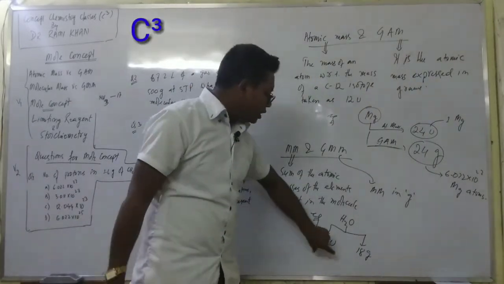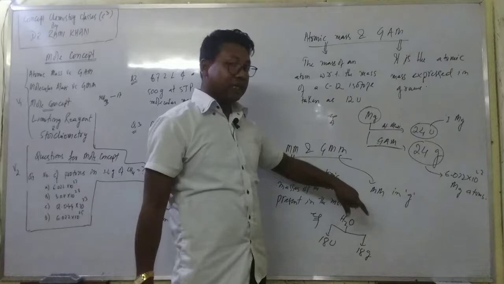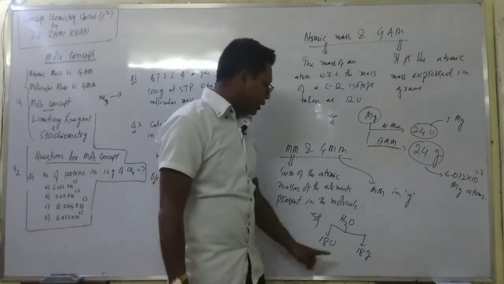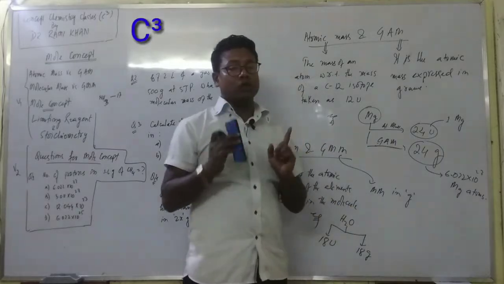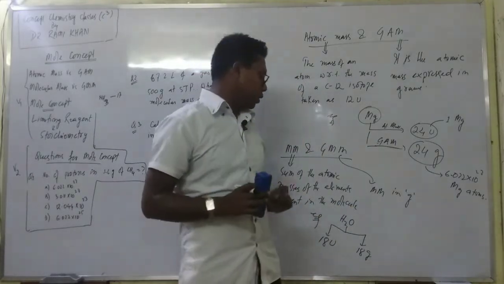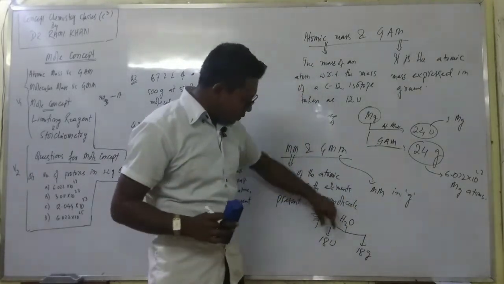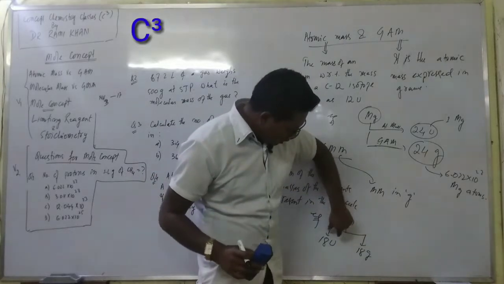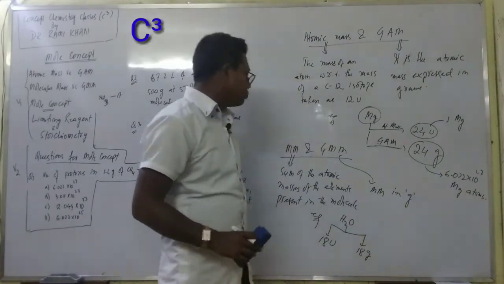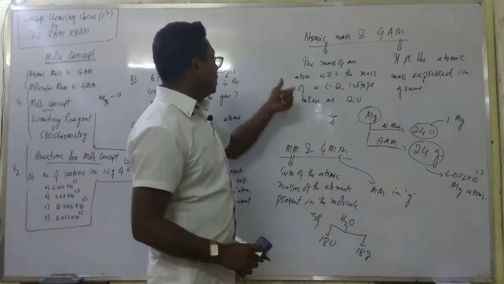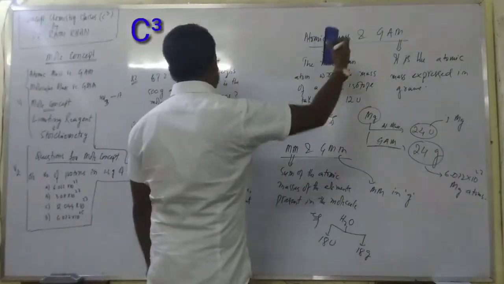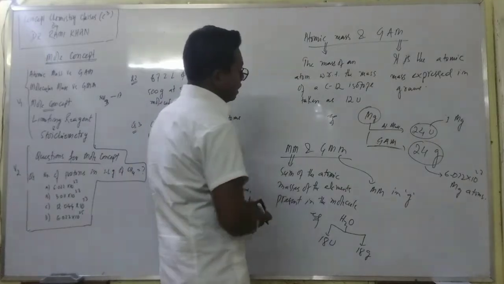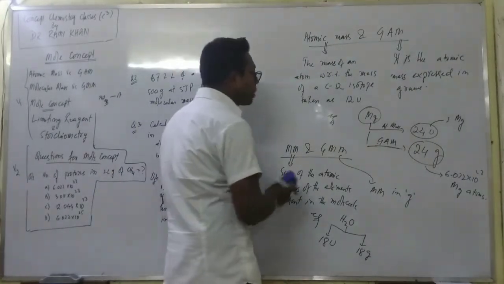Here also 18U of water contains only one water molecule, but 18 gram of water contains 6.022 into 10 to the power 23 water molecules. So there is a very big difference between these two terms, that is 18 gram and 18U. These are the atomic and molecular masses versus gram molecular mass and gram atomic masses.